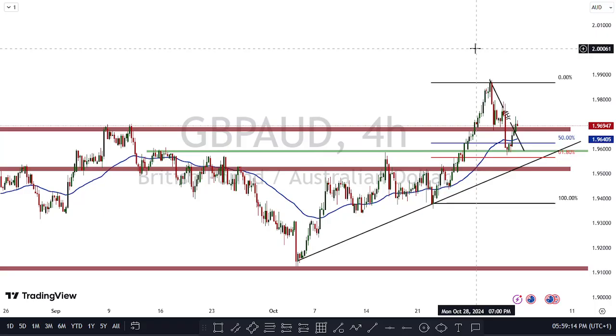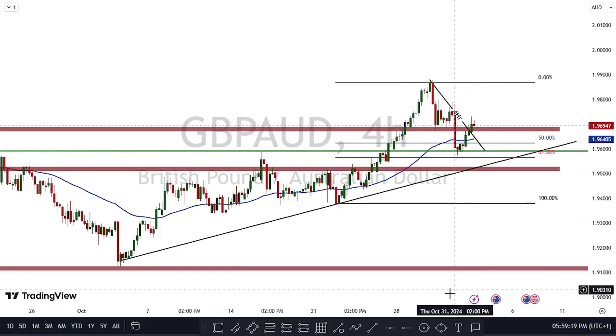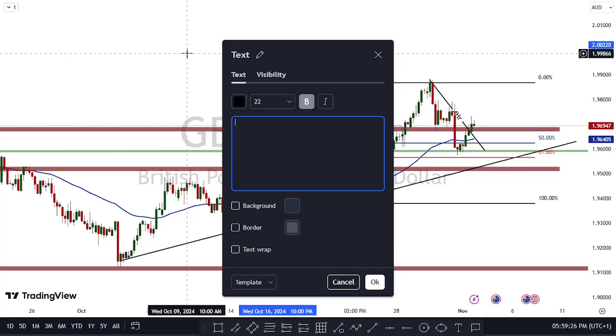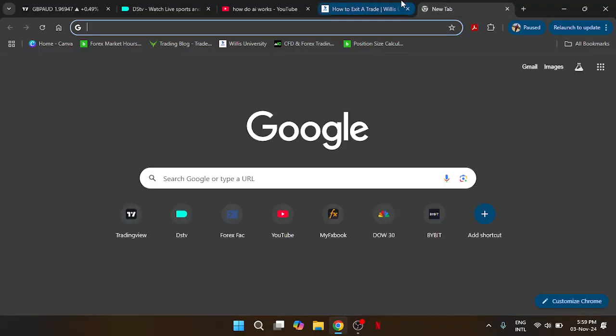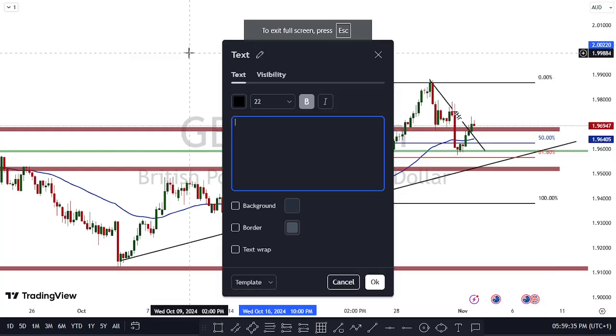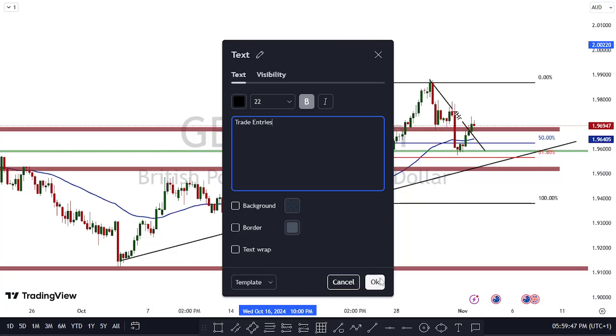So today, guys, we're going to be talking about trade entries. Very excited for this topic. How to enter a trade is what I'm talking about.